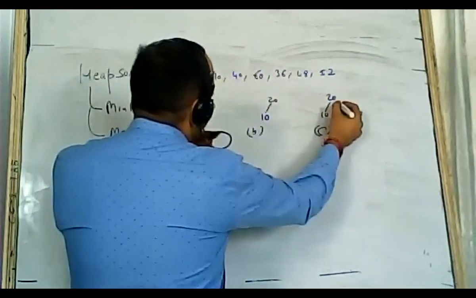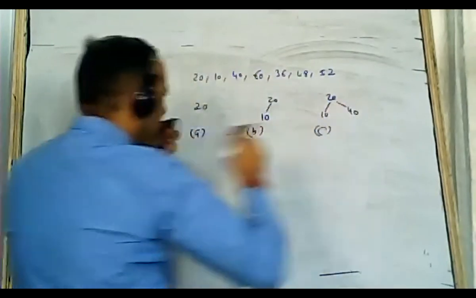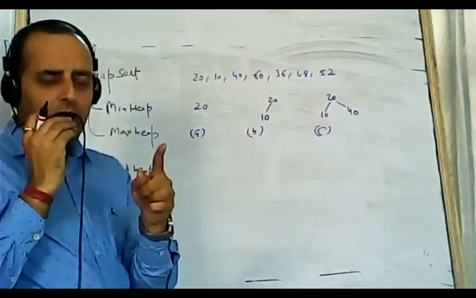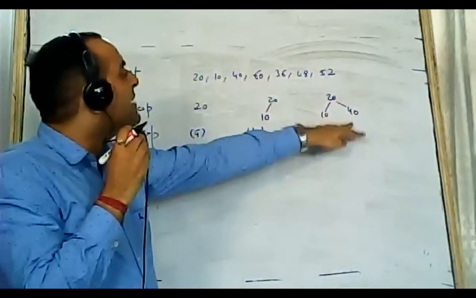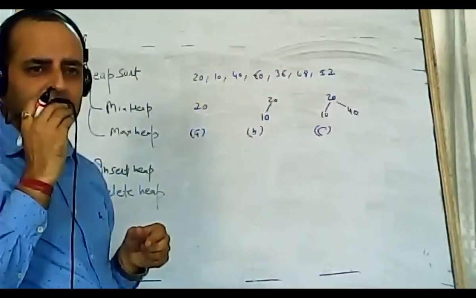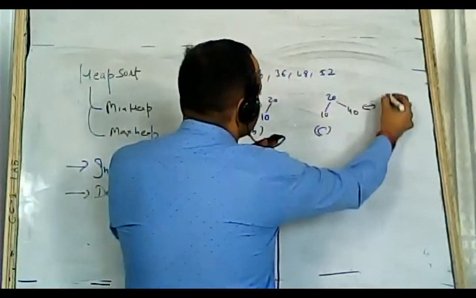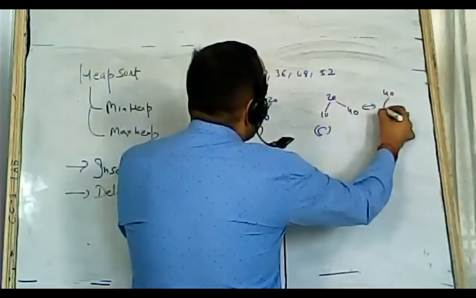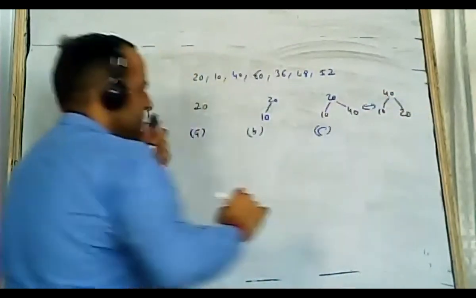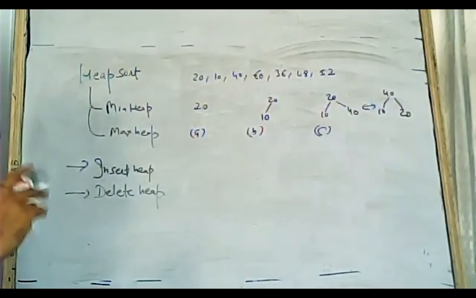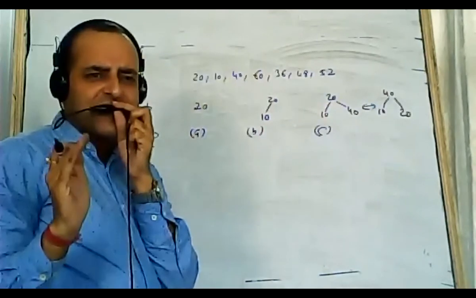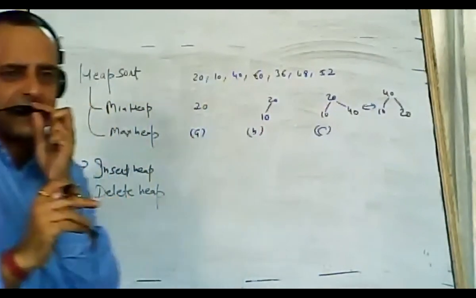Now the next element is 40. But I know in max heap the largest element has to be on top, so the elements will swap and this tree will become 40, 10, 20. We have to move the largest element towards the root because we are solving max heap.